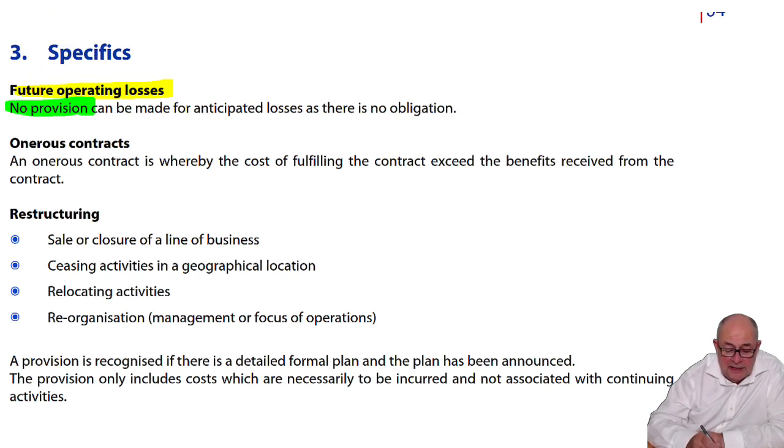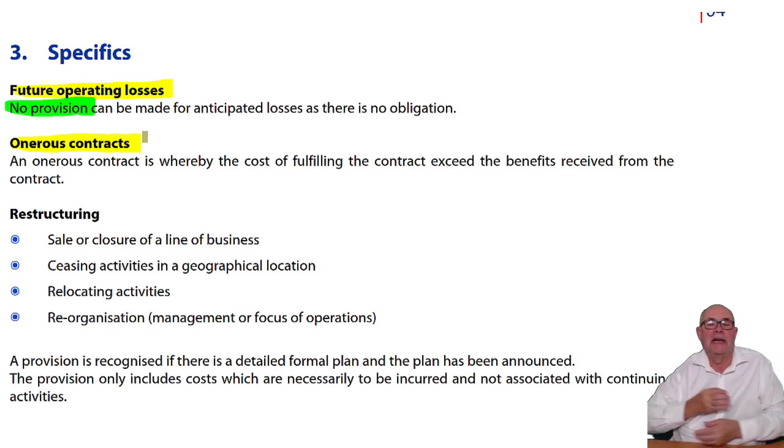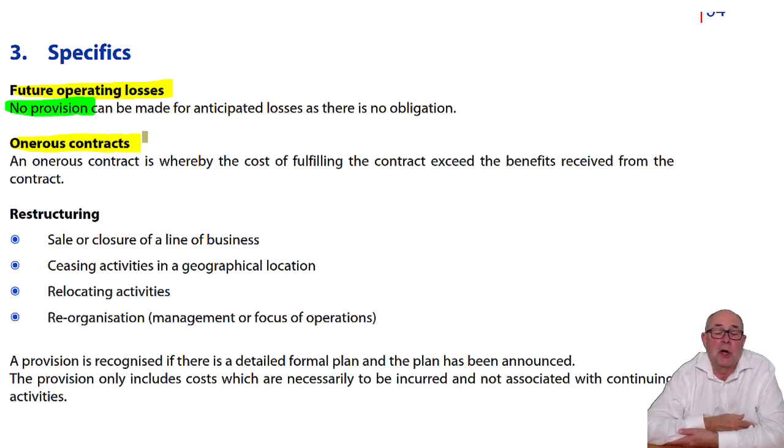Can you provide for an onerous contract? An onerous contract, onerous means with a burden, like carrying a big sack of bricks on your back. So if you have a contract that's going to make a loss and you've signed it and you're stuck with it, you do recognise a provision for that loss.